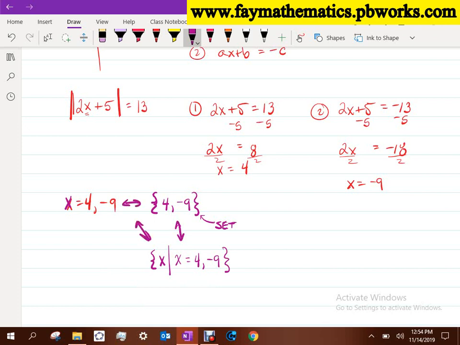But that last one, the way I read that vertical bar, you guys know what shorthand is? You've never heard of shorthand? This is shorthand.